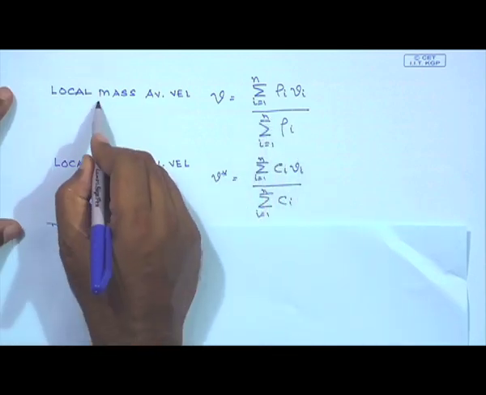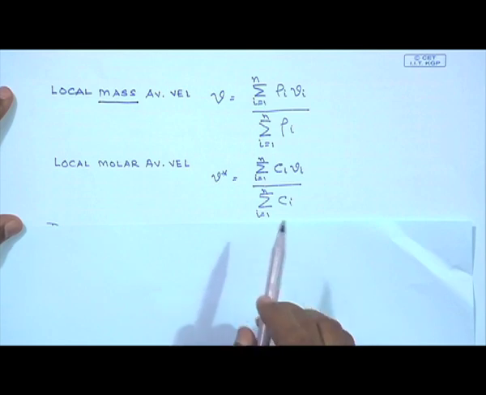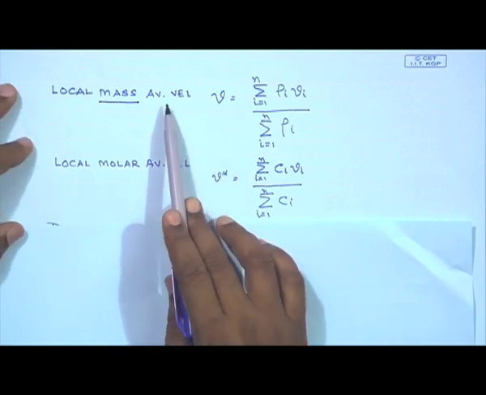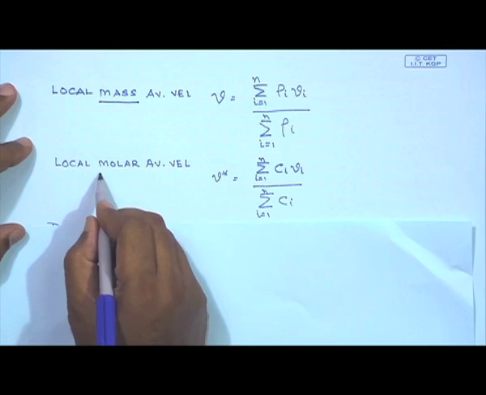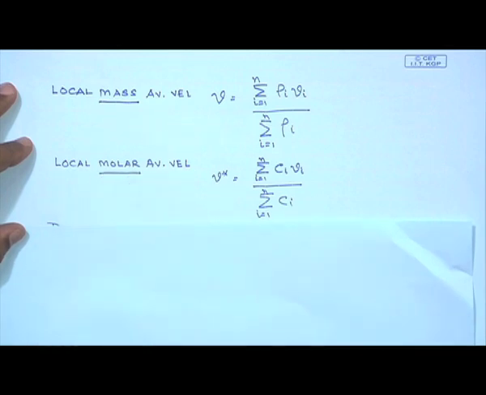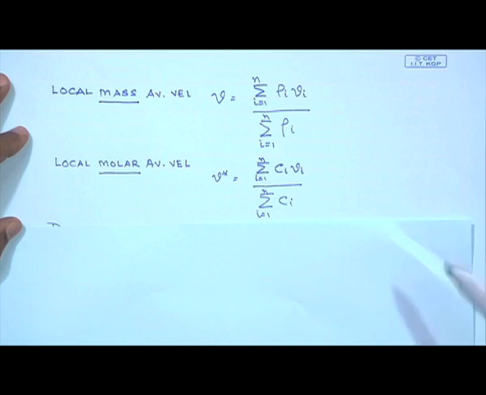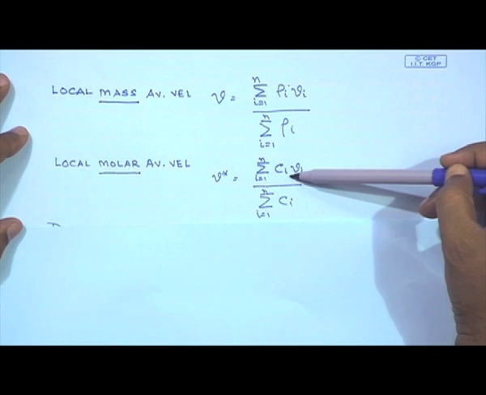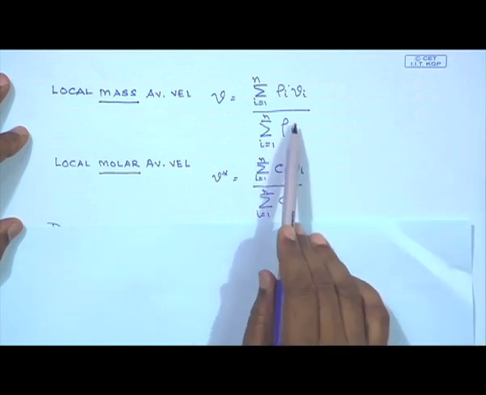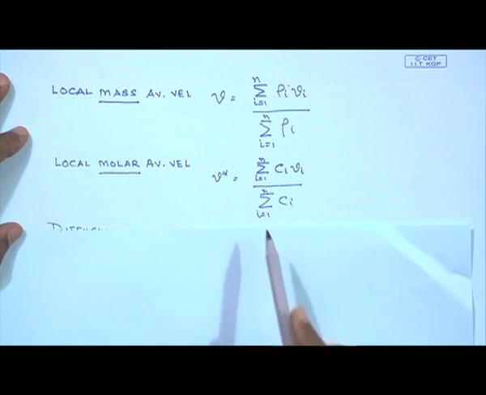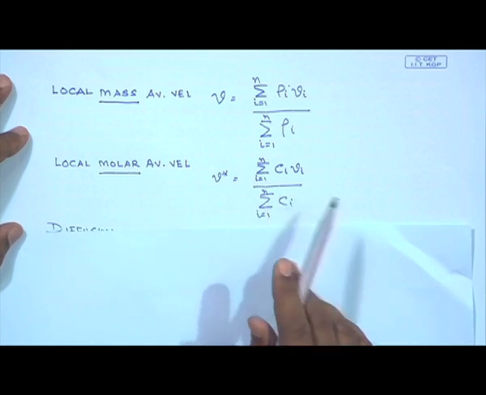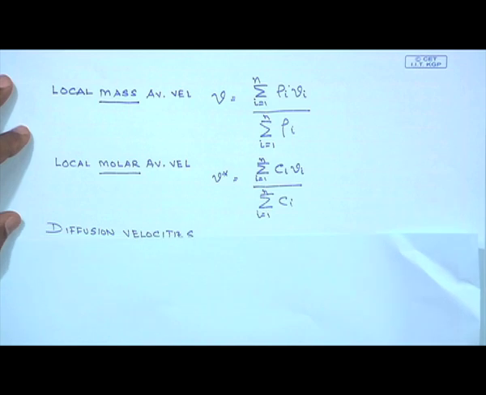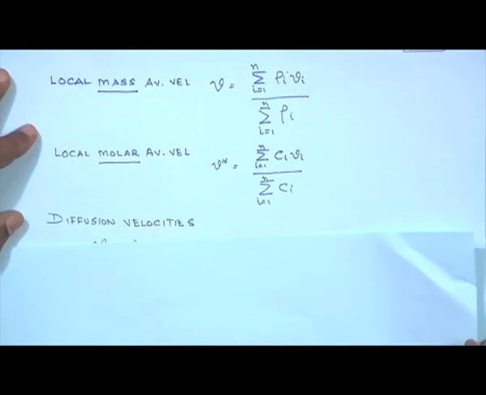In the same way you can also express the molar average velocity, where the mass concentration is replaced by the molar concentration. The denominator is the total mass concentration in one case, whereas in the other it is the total molar concentration of the solution.